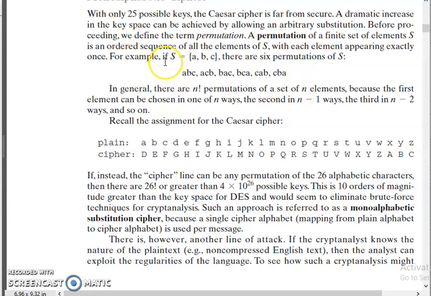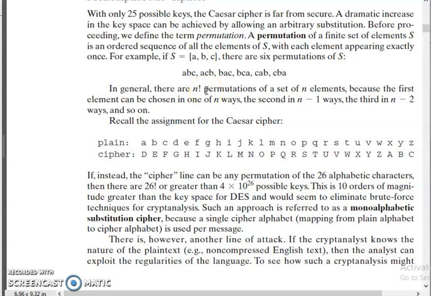For example, you can see on this page a set S equal to A, B, C. There are 3 letters, but by using permutation, we can get 6 possible combinations of letters. In other words, it is n factorial.